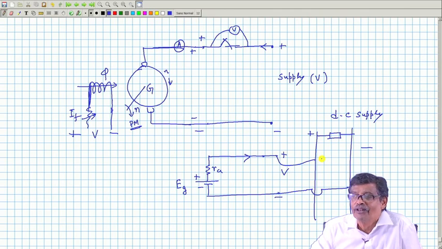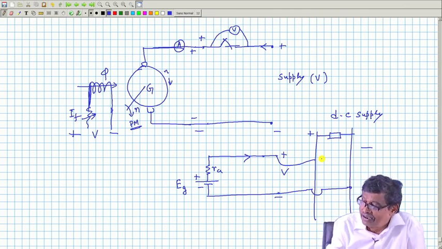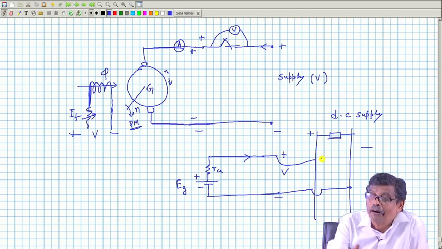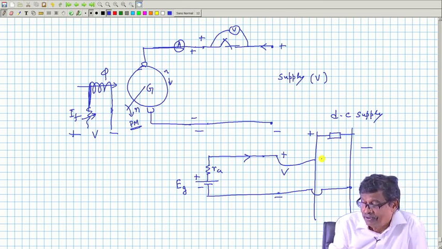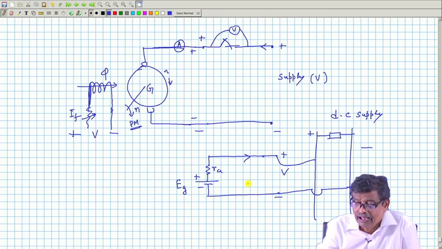So, speed will fall. It will come to such a speed that it can draw enough power from this bus to run as a motor and supply whatever no load shaft power is needed, like friction and rotational loss.